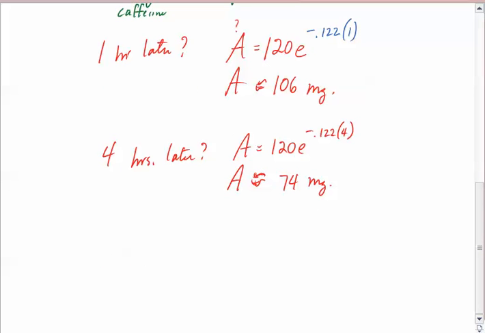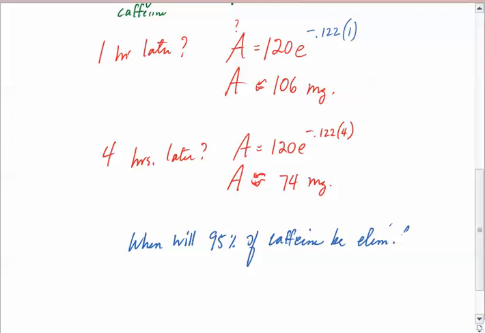Okay, let's ask another question a little bit differently. We're using the same decay rate for caffeine out of the system. Let's say I want to know when 95% of the caffeine, assuming I've had that same cup of coffee, will be eliminated from my system.